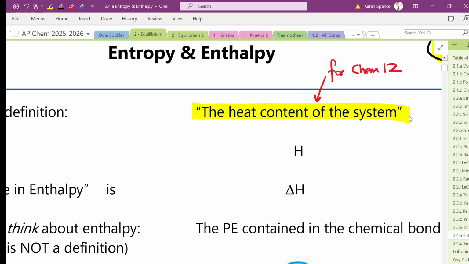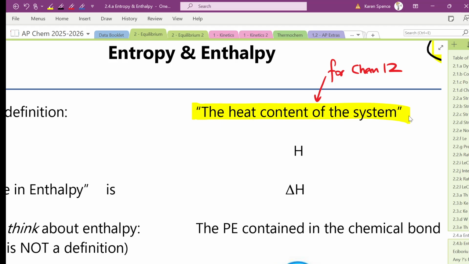Remember, if we look up the real definition for enthalpy in the big black book: enthalpy, a quantity defined by the relationship H equals E plus PV.